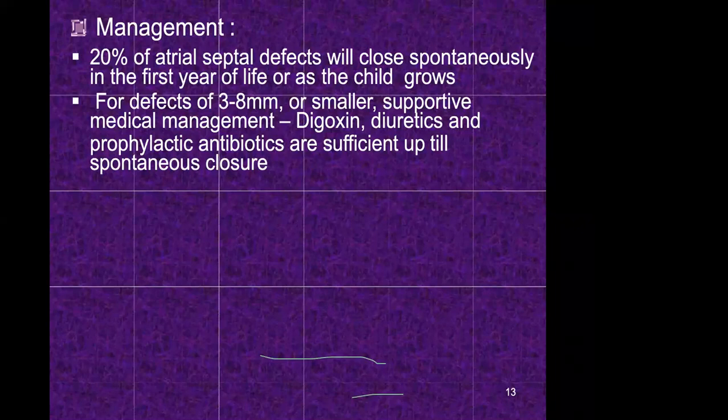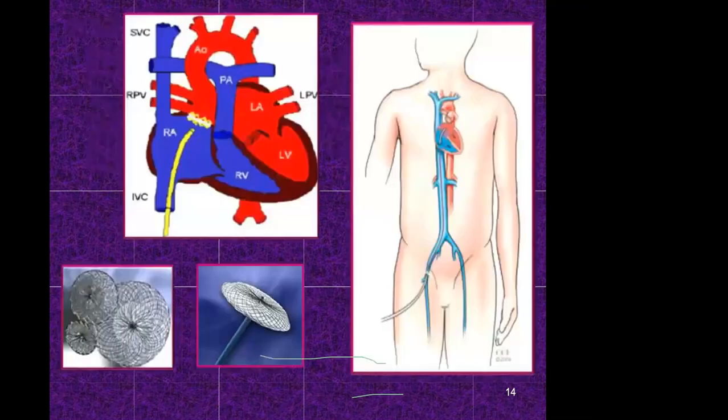A lot of times it may close with the passage of time as well. However, if the defect is more than 8 millimeters, surgical repair will be needed. And if spontaneous closure does not occur by school-going age, surgical repair becomes essential to prevent lung problems that develop from long-term exposure to the extra blood flow.